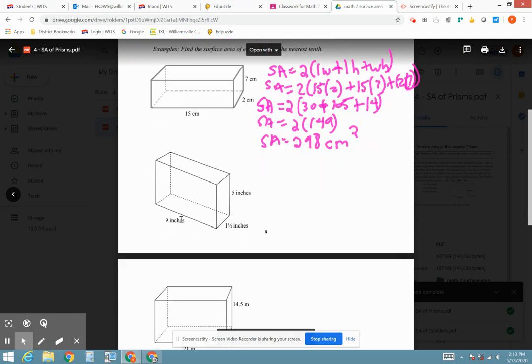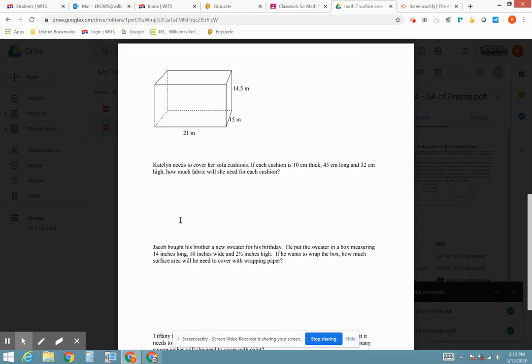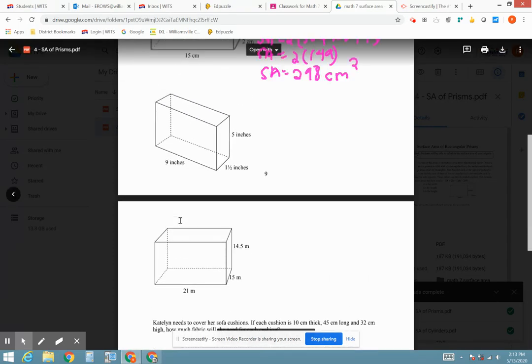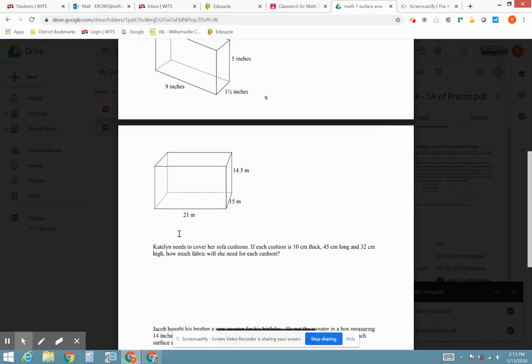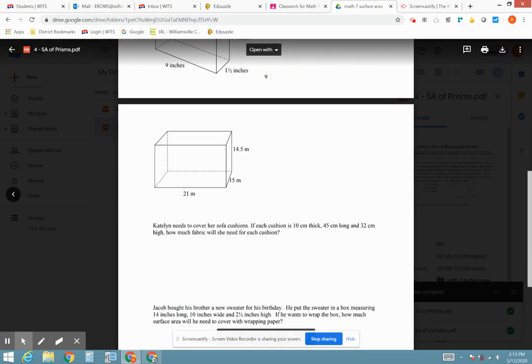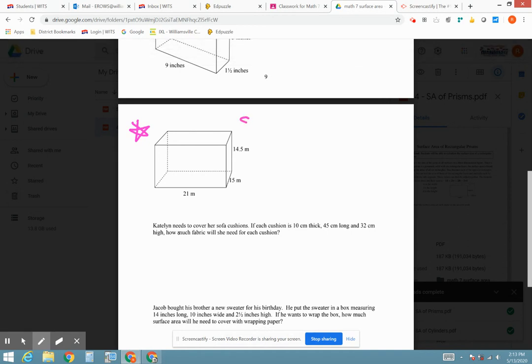Okay, let's see what other kind of interesting shapes we have. Okay, we have 2 more shapes and some word problems. So let's have you use the formula for this shape right here. So let's write out the formula. Little Willie lost his white hat twice. Okay, substitute everything in.